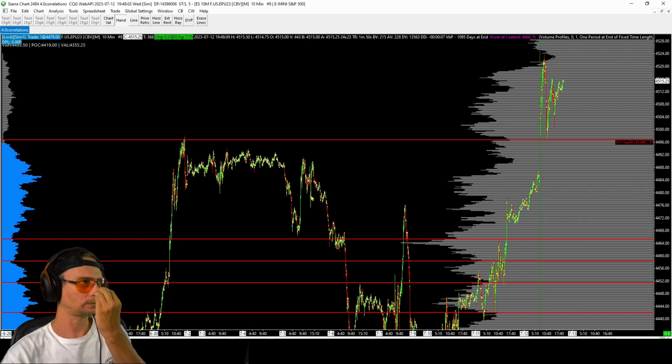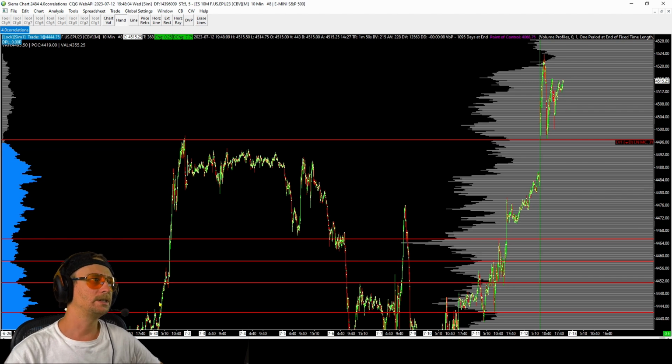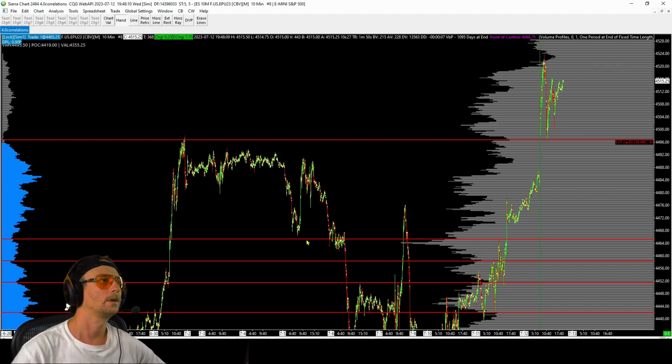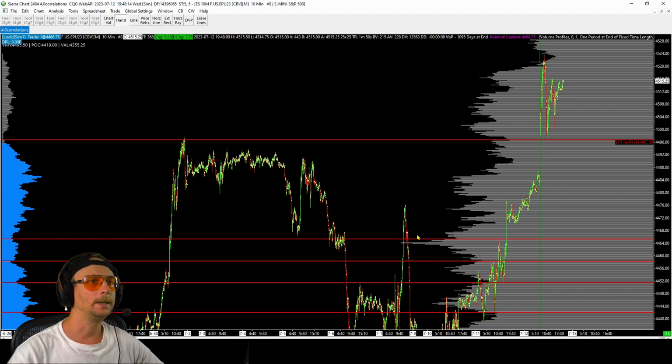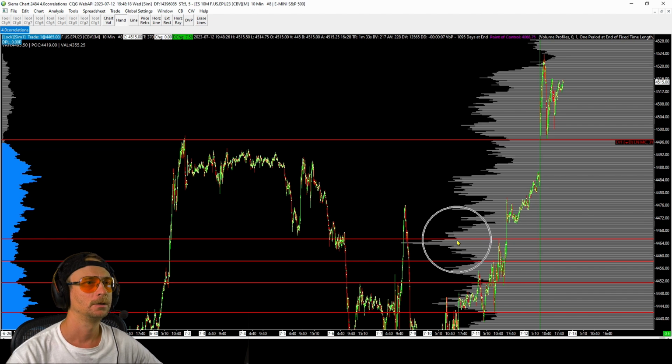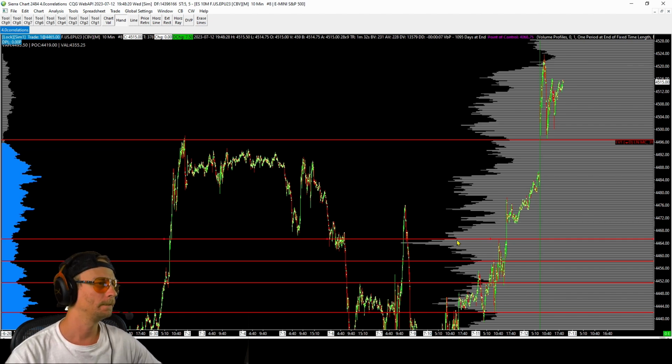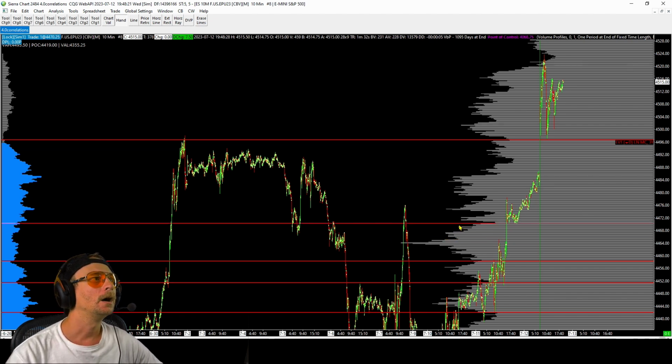So it dumped right there. There's a low node here. You can see, problem is it doesn't really match with the 3-year. I really want stuff that's sort of matching.